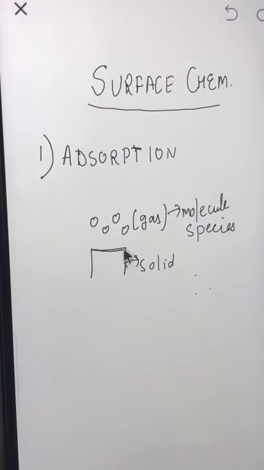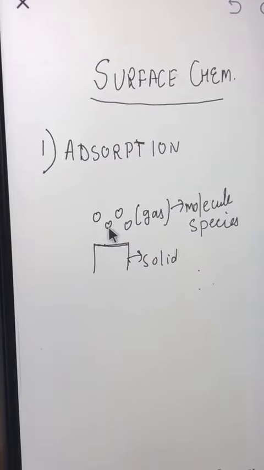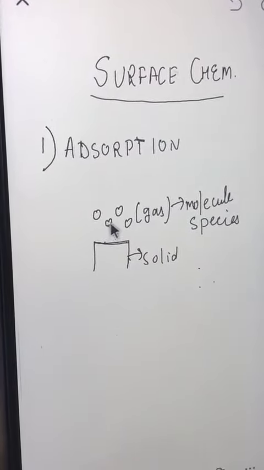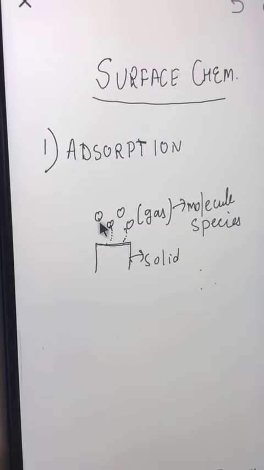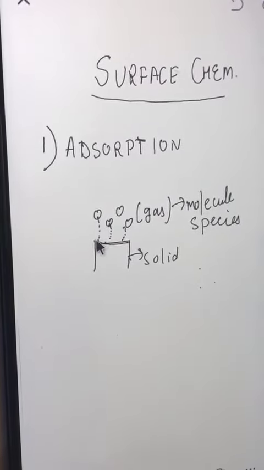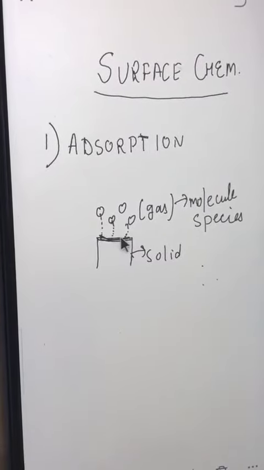So what can happen is this solid surface can attract these molecular species. So when I say that this solid surface will attract the molecular species, this is done by forming forces of attraction. That means these gas particles or molecular species will form force of attraction with this surface of solid.